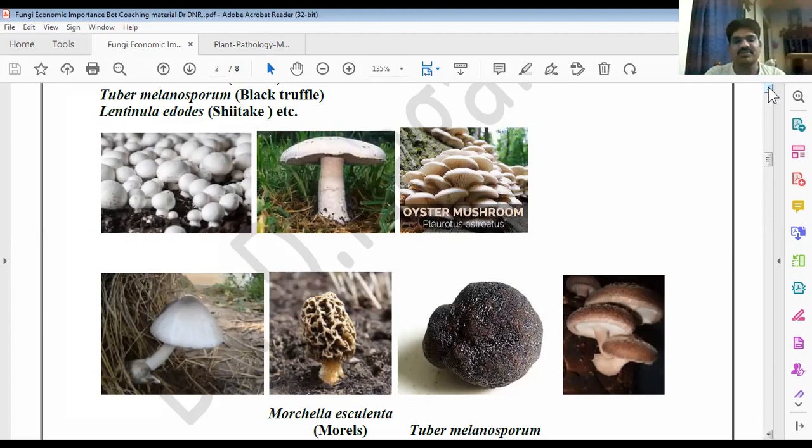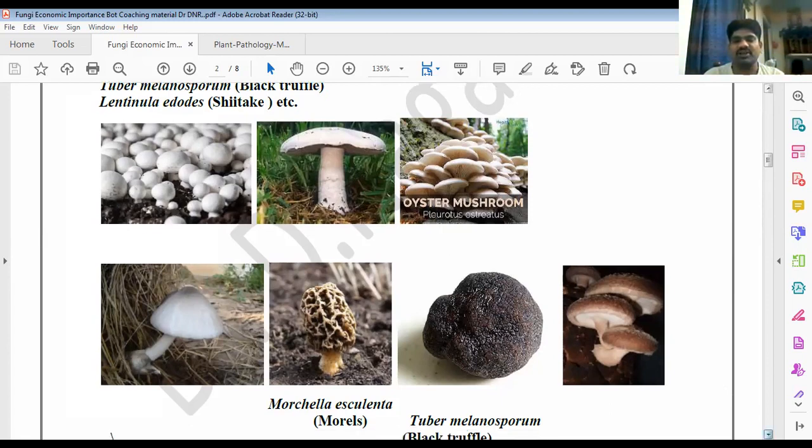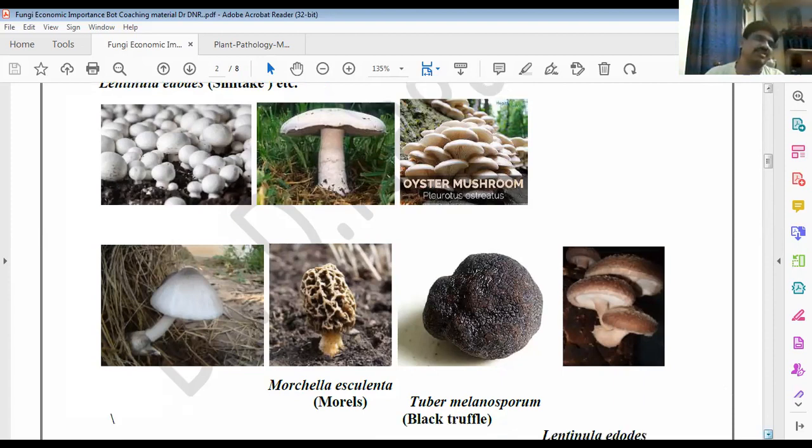Cordyceps. That is a very costly mushroom. Cordyceps, Morchella, Ganoderma. With all these mushrooms, we can earn a billion dollars by conserving and collecting the natural resources.